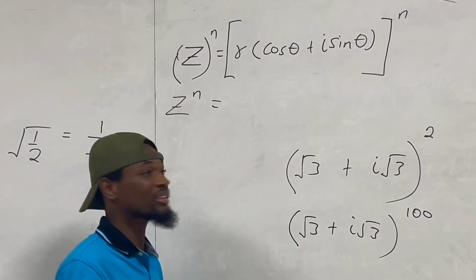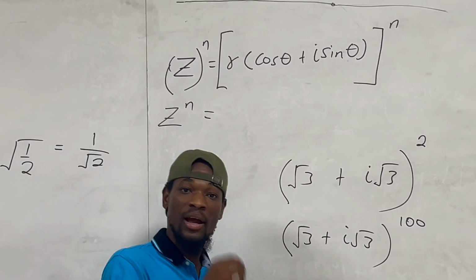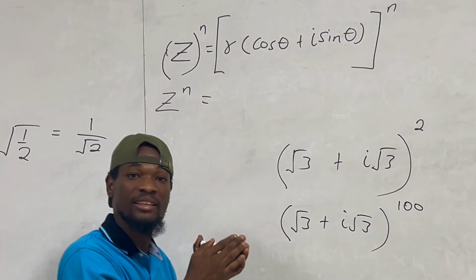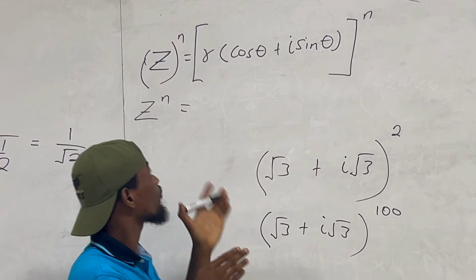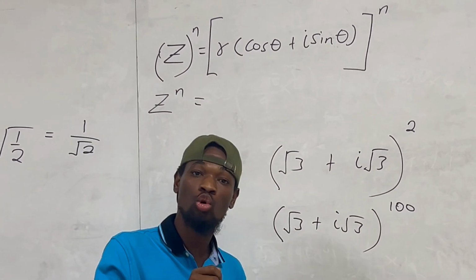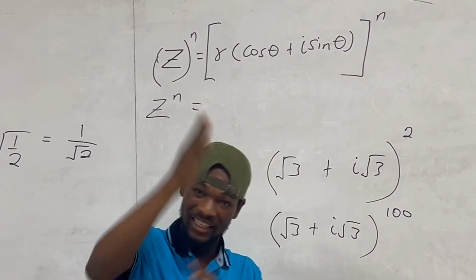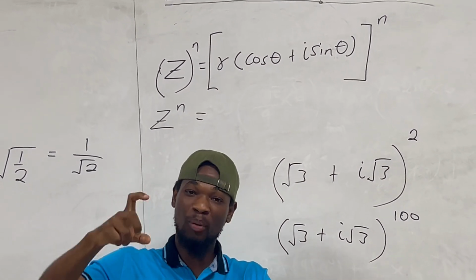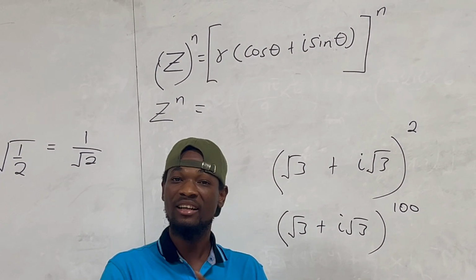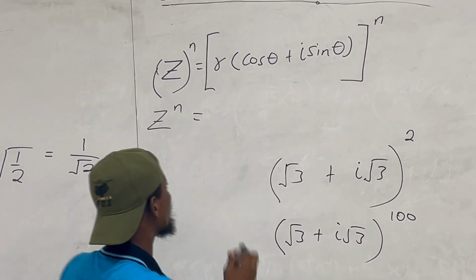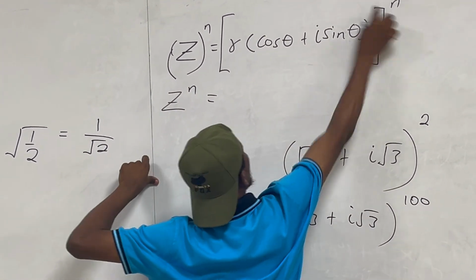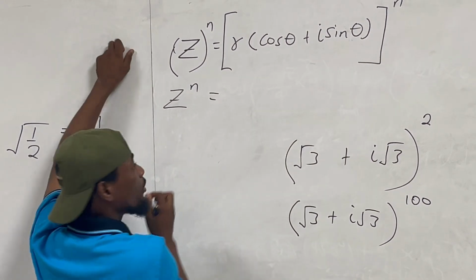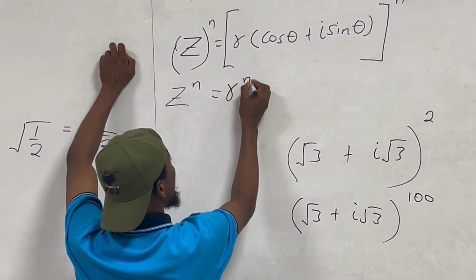Now, De Moivre's theorem is saying that to raise a complex number to a certain power n, you raise the modulus to an exponent of n, and that power multiplies the argument. That is simply De Moivre's theorem. So this n applies to the modulus, which is r to the power n.